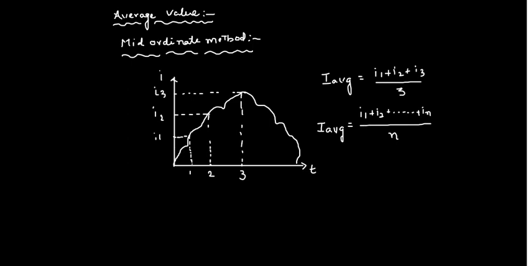This is how we can calculate the average value of an alternating quantity by the mid-ordinate method. The other method is the analytical method.